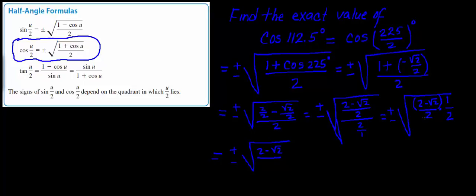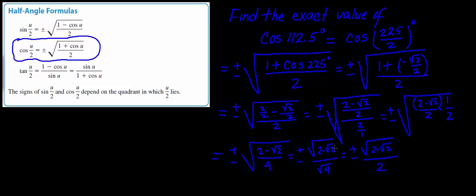And in the denominator, you get 2 times 2, which is 4. We can separate this into individual radicals, the numerator in its own radical and the denominator in its own radical. And that equals plus or minus the square root of 2 minus the square root of 2, everything over 2.